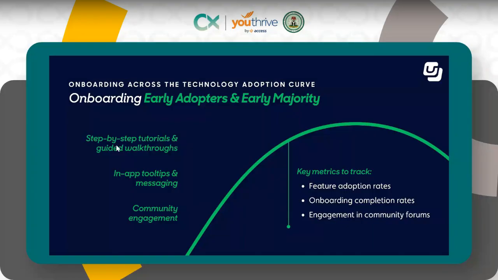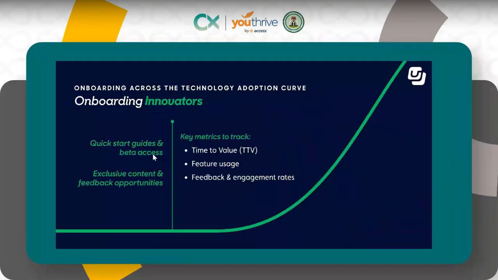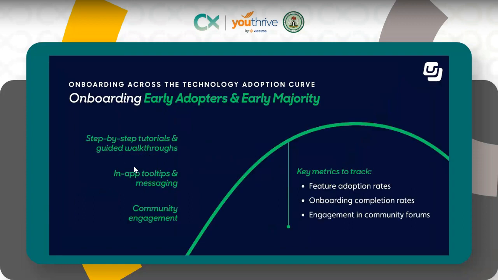So now after releasing your beta version, you already have your innovators in your feedback loop, and you're getting feedback on how to improve your product. Then, based on their feedback, you've started adding step-by-step tutorials and guided walkthroughs in your solution. You see, you're adding it.